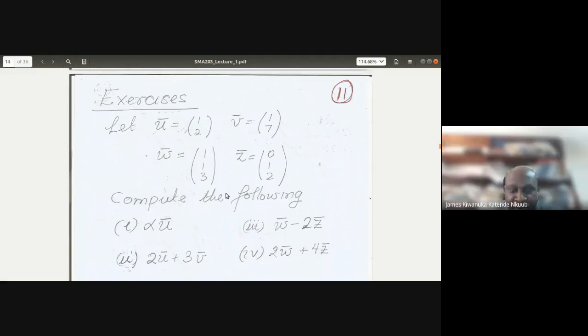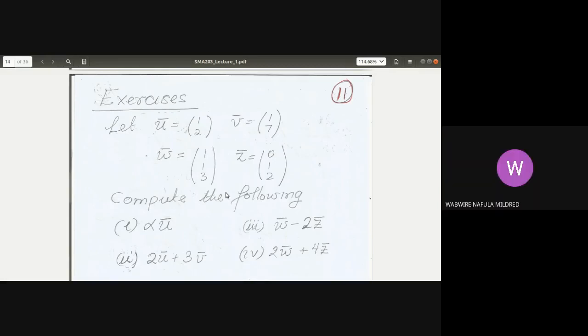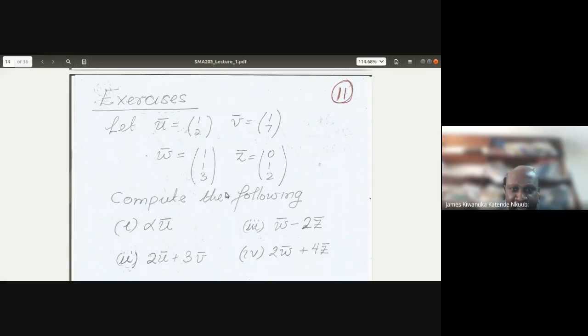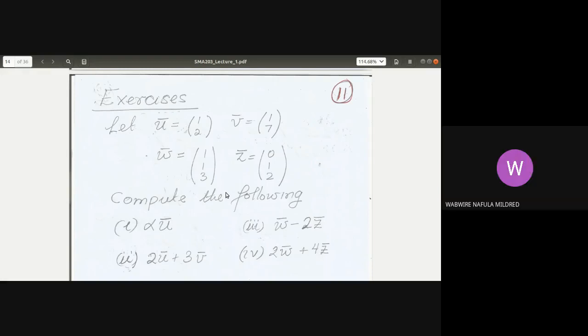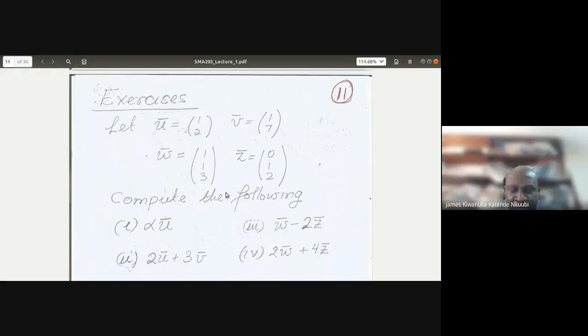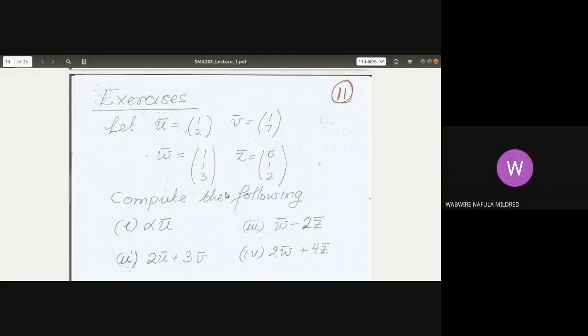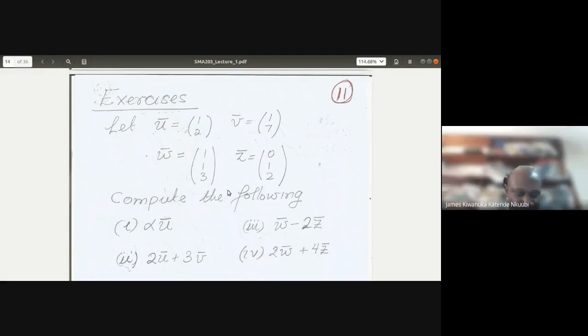What do you mean by alpha 1? You mean alpha multiplied by 1? Yes. So alpha multiplied by 1 is just alpha. Oh, yes. Alpha and 2 alpha. Yes, and 2 alpha, sorry. Okay, that's correct.